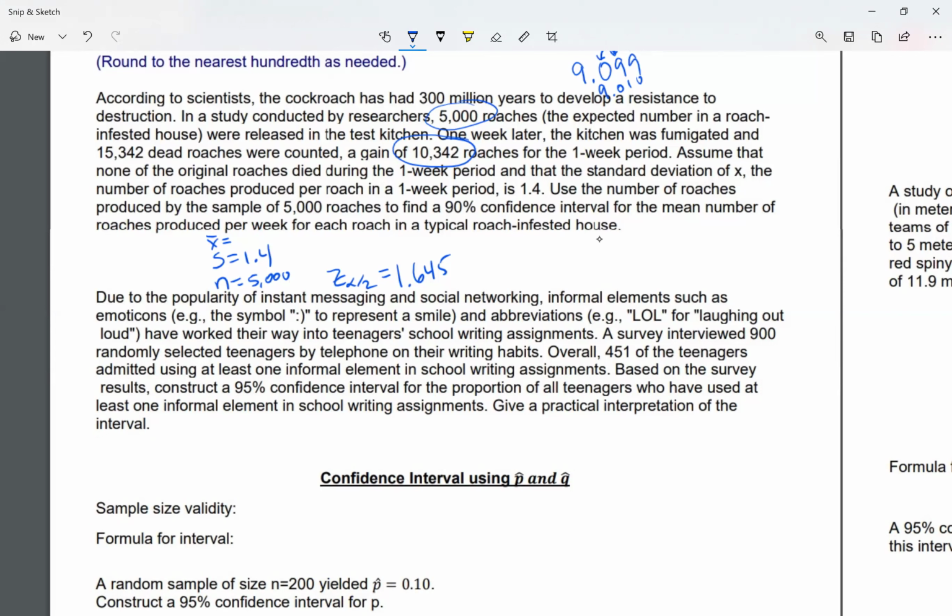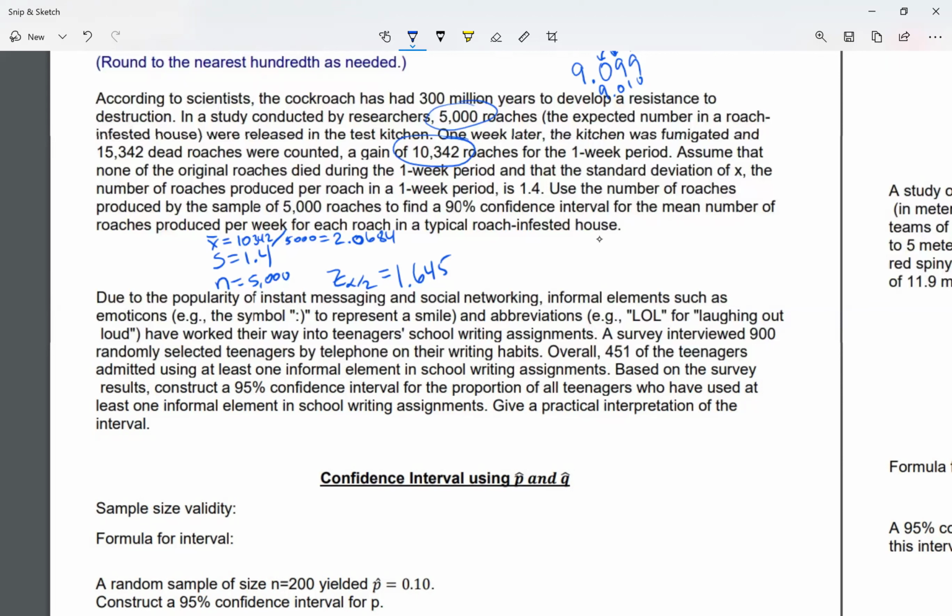So for my average, I'm going to go 10,342 divided by 5,000. How much did we gain? 10,342 divided by how many we started with? So how much was the gain per roach? That's basically what I want to see. My answer, according to my calculator, I get 2.0684.